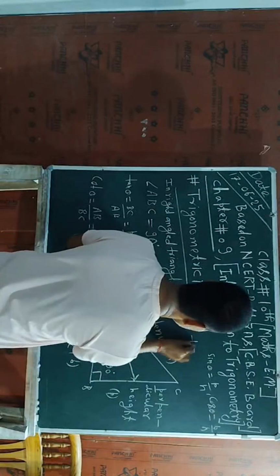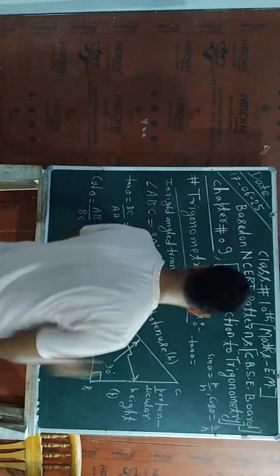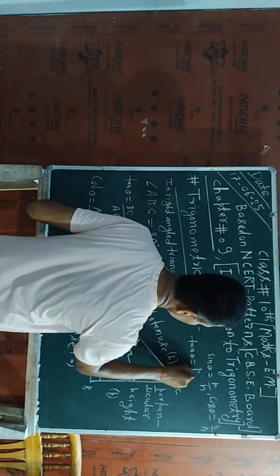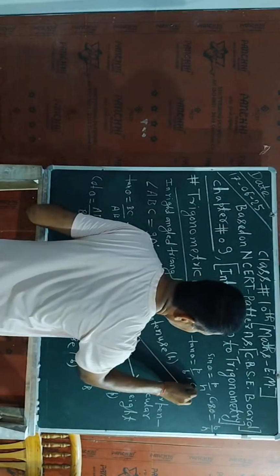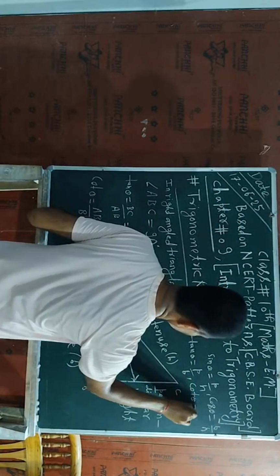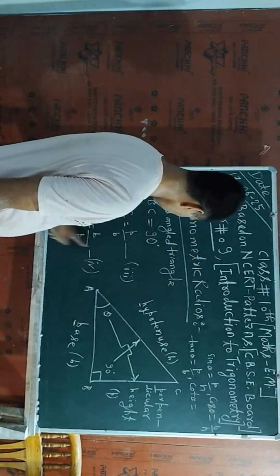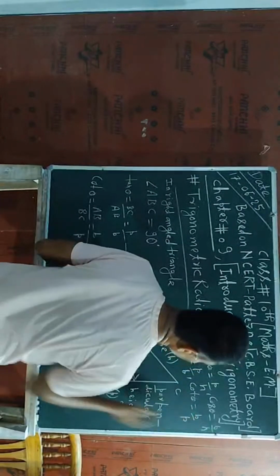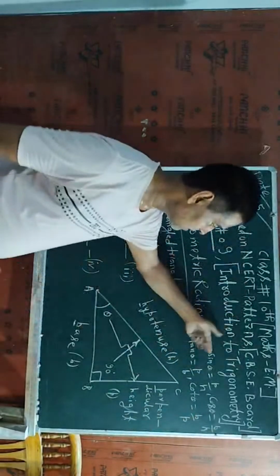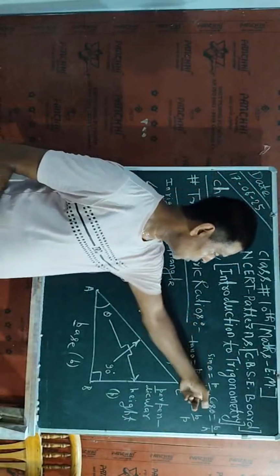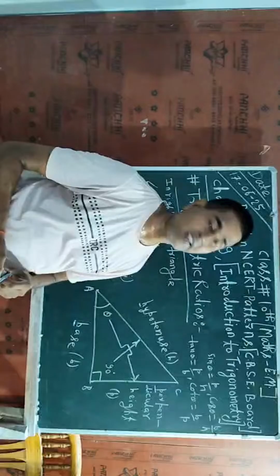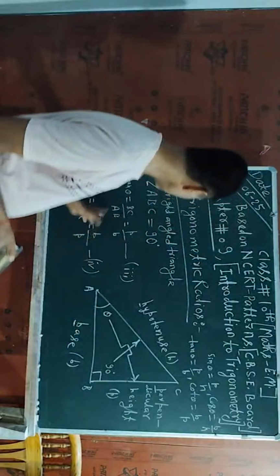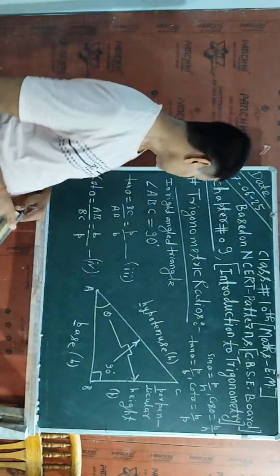So tan theta, which is equal to P divided by B. So here I will write P divided by B. Similarly, cot theta, which is equal to B divided by P. B divided by P. So the trigonometric ratios sin theta, cos theta, tan theta, and cot theta I have written from the figure.